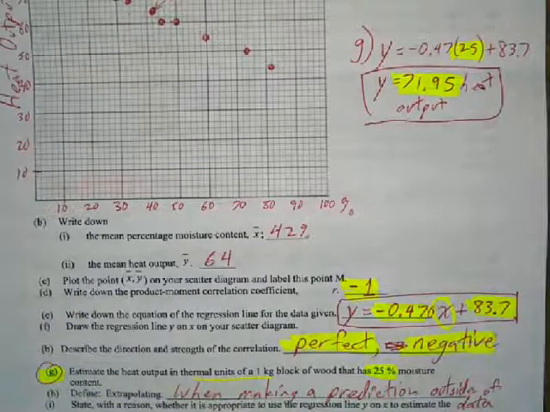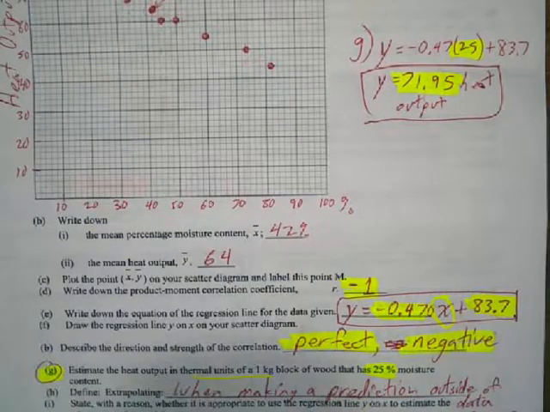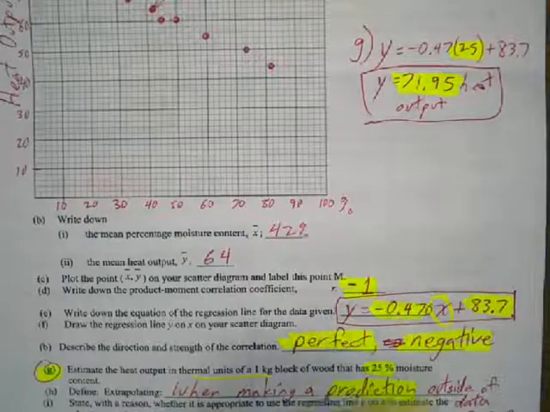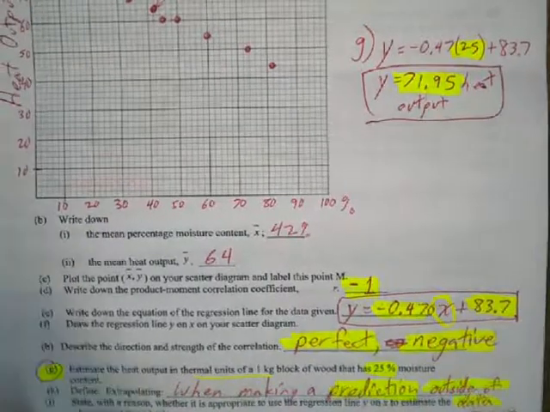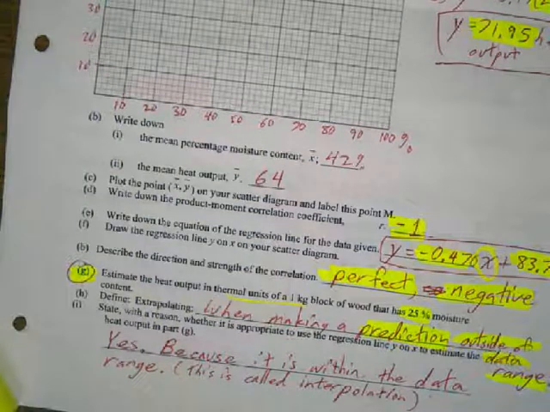Okay, so extrapolation is when a prediction is outside the range. What does that mean? At the beginning of this unit, when we did chapters on outliers, that's in extrapolation.